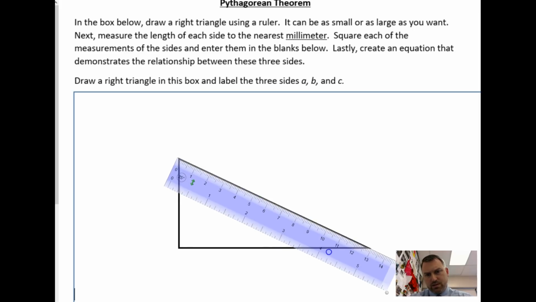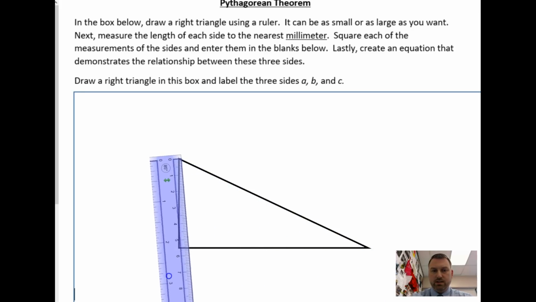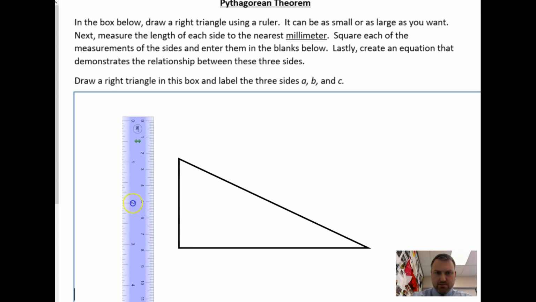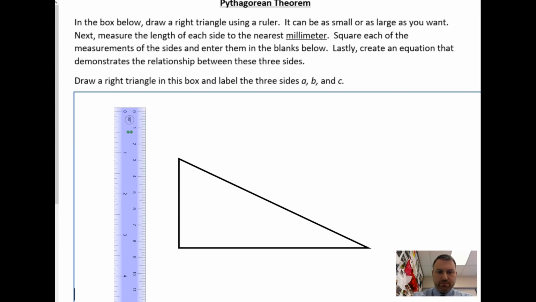Okay, I'm going to say that that is 13. So this side is 13. Then I'm going to measure this side here. I'll call that 5.5, looks like. Yeah, 5.5.